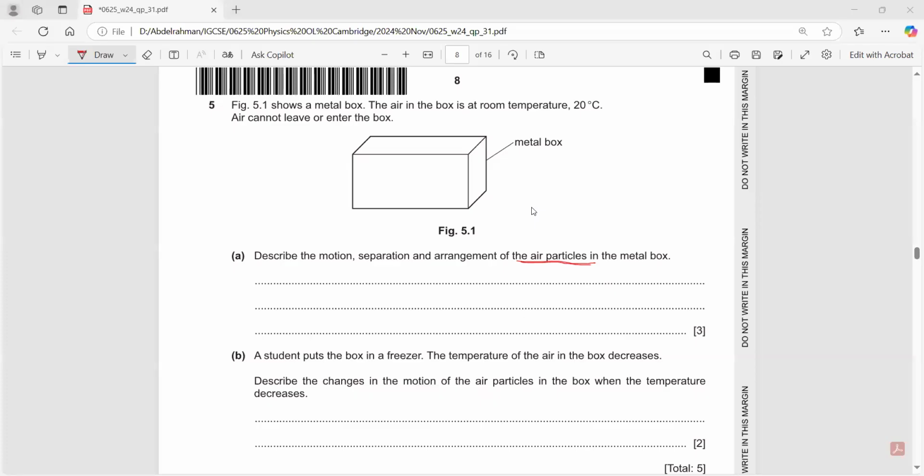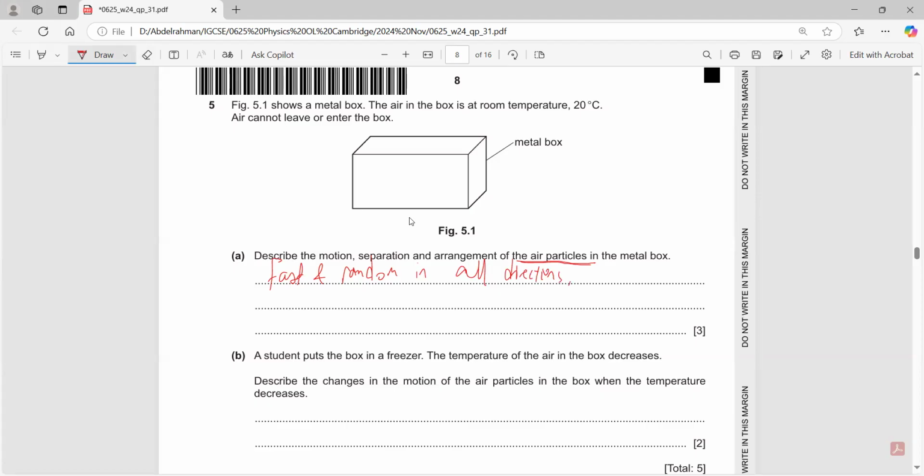Can someone help me out? Am I talking about the metal particles? Am I talking about the solid? Or am I talking about the air? I'm talking about the air. So if I talk about the motion: fast and random, random in all directions.